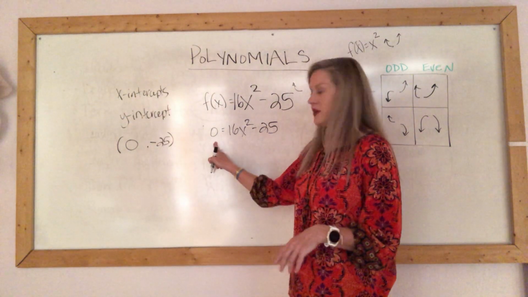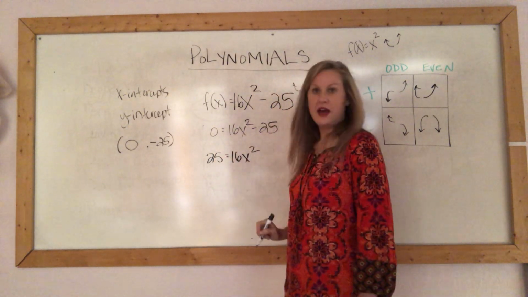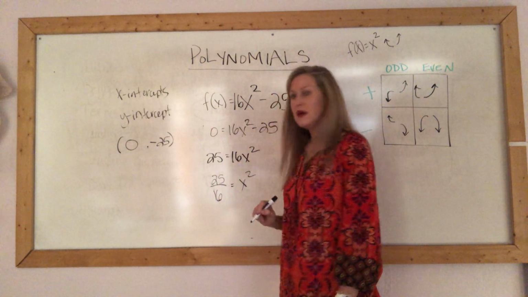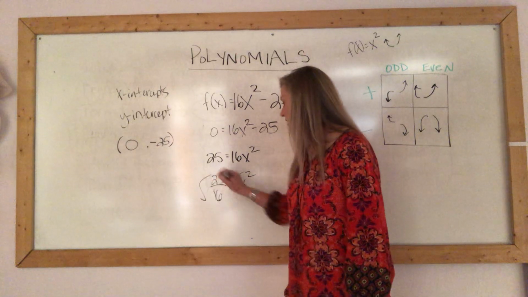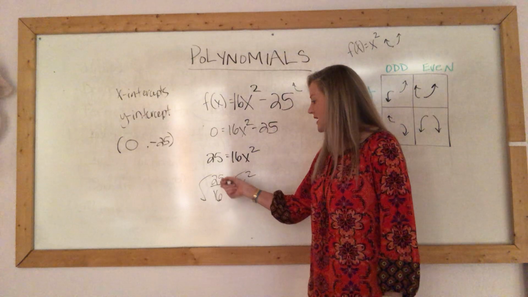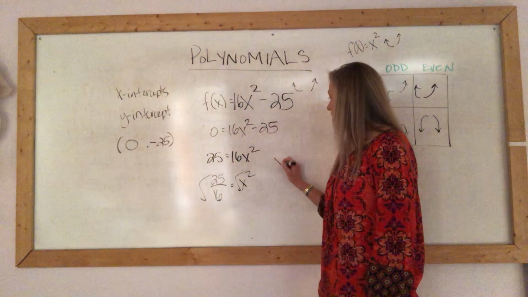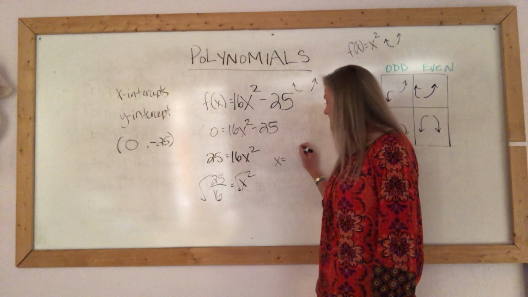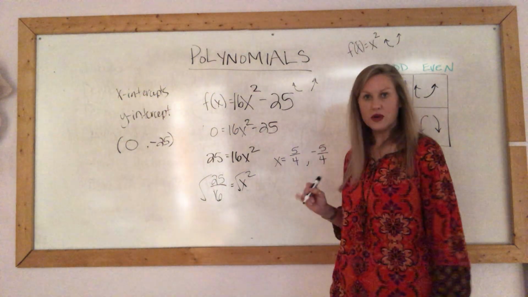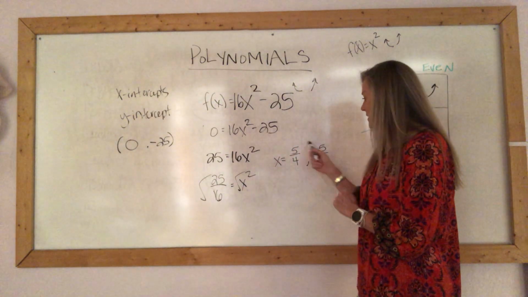I could add 25 to both sides, divide both sides by 16, and then take the square root of both sides. I want to be careful about that, because when I take the square root, I need to remember that I'm taking the positive and the negative version. So x is positive 5/4 and negative 5/4. The square root of 25 is 5, the square root of 16 is 4, and I need the positive and the negative version.